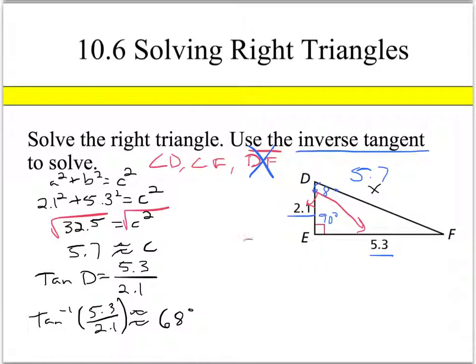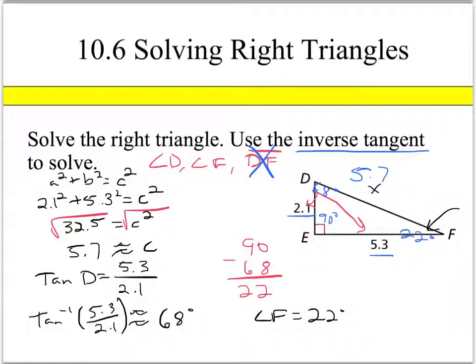So I'm going to take 90 minus 68. What's 90 minus 68? 22. So angle F is equal to 22 degrees. If angle D is 68, angle E is 90 degrees, F has to be 22 degrees.